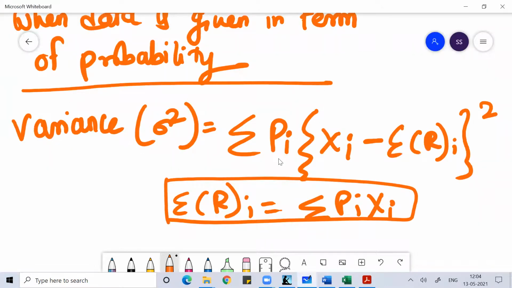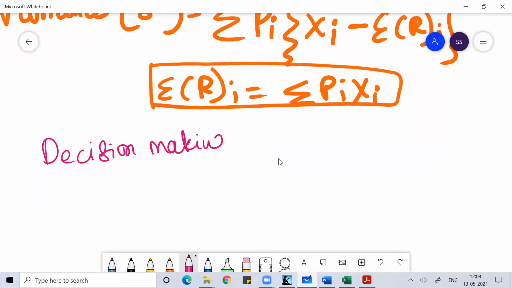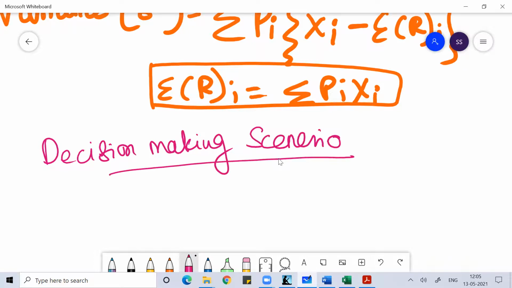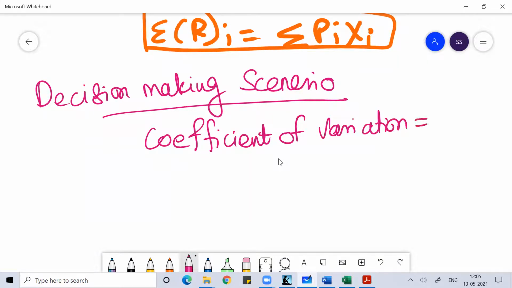To decide which project we should go with, whenever we have a decision making scenario, we decide based on the coefficient of variation, where the formula is standard deviation by mean into 100.